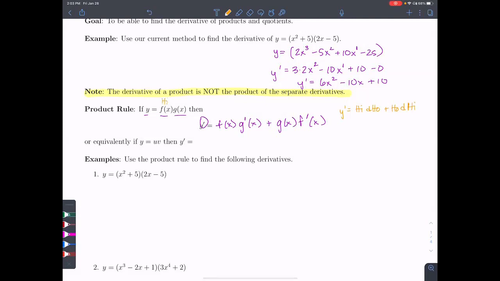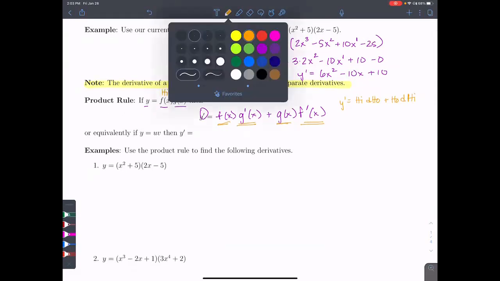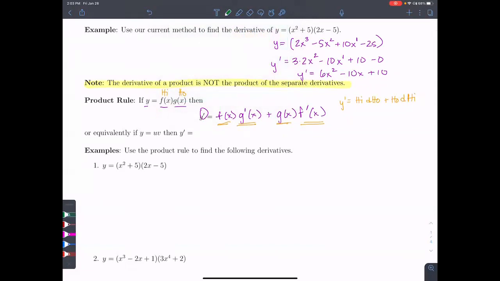So this is high and this is ho. People do high and low as well, because when we do a quotient in a minute, you could add that to it. So first function times the derivative of the second plus the second times the derivative of the first, or high d ho plus ho d high. Or equivalently, if you're looking at u and v, if y is u times v, then y prime is going to be first times the derivative of the second plus the second times the derivative of the first.